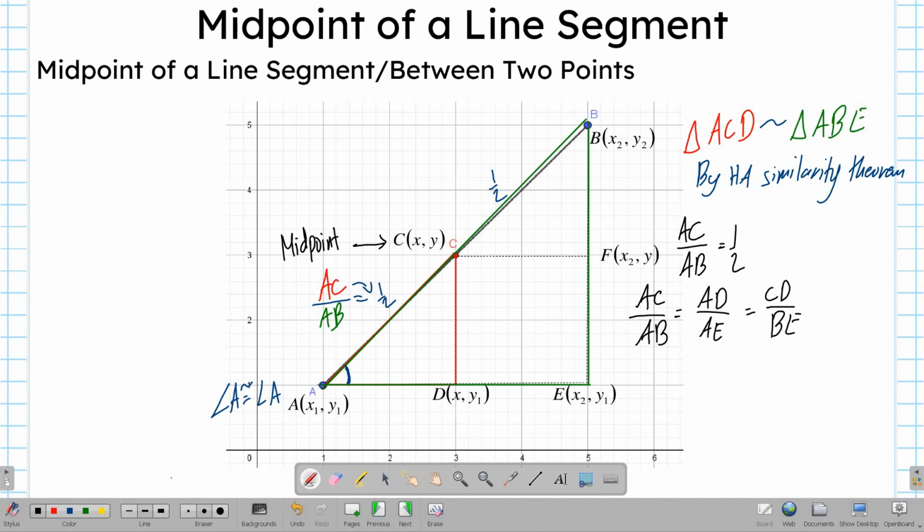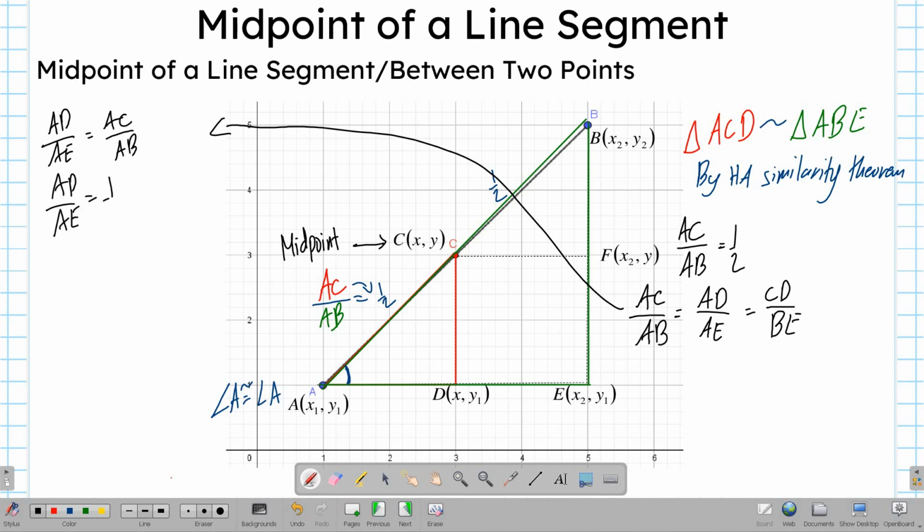We know from here that AD over AE is equal to AC over AB, and that would mean AD over AE is equal to 1/2. From there, let's now look at the distances, or the lengths, of AD and AE. Now, as you can see, A and D have the same y-coordinates, therefore they are horizontal.